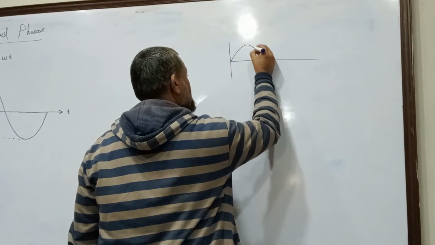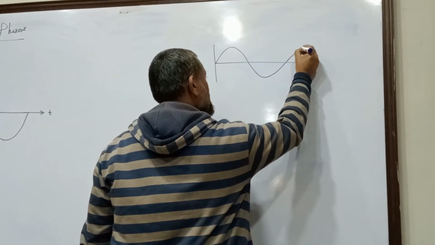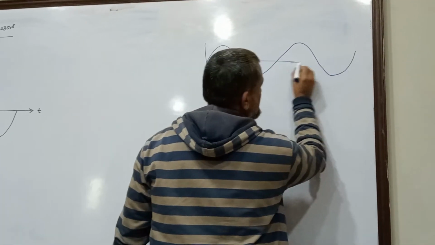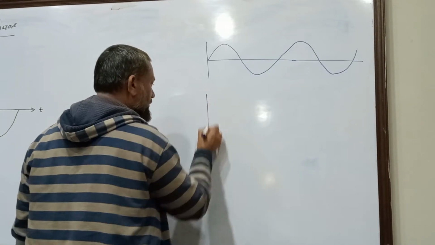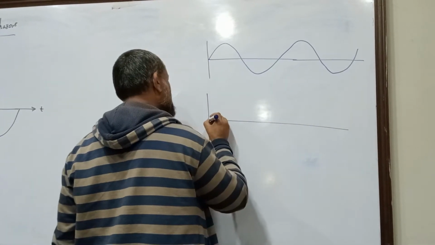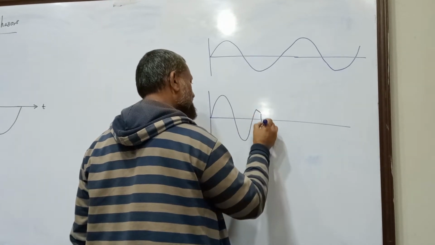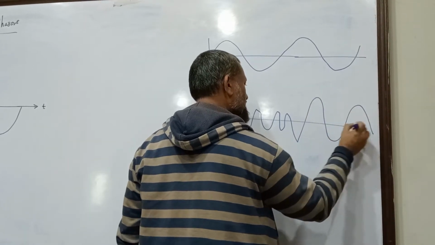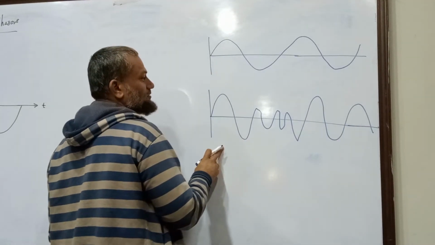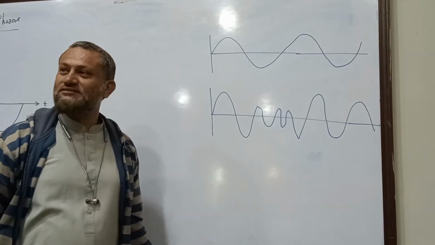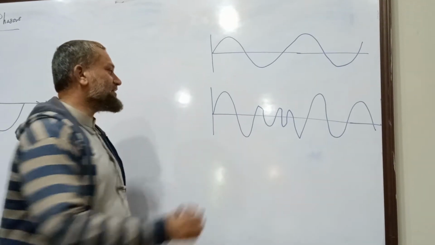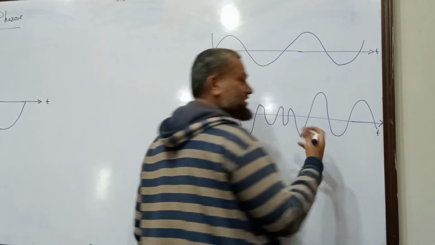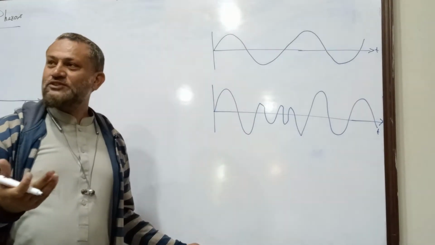One is something like that, and another one is also a sine wave, but something like that. Both are AC waves, alternating. These are alternating waves: with respect to time, they change value.